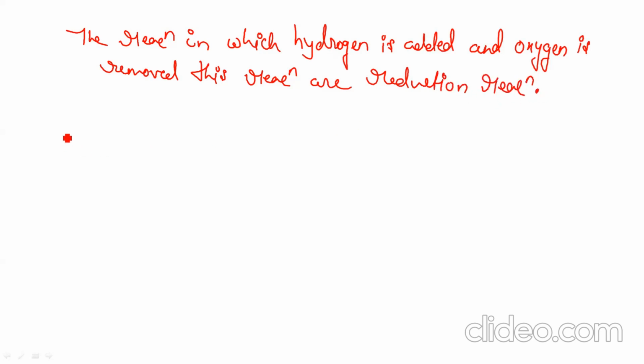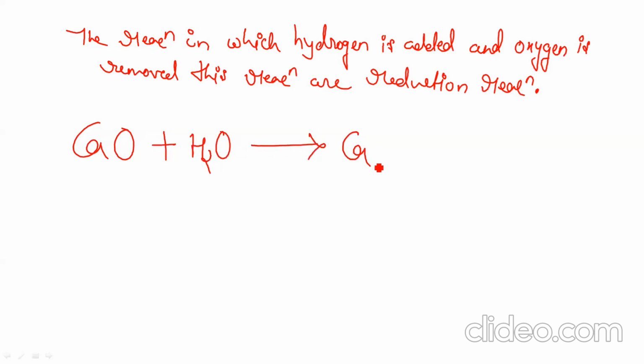Let's take an example: CaO. When it is treated with water, Ca(OH)2 is formed, and here you will see that O is removed and released.